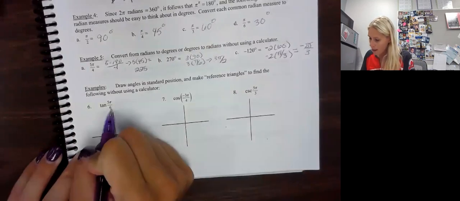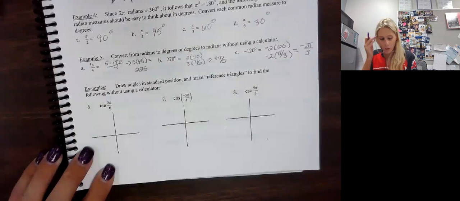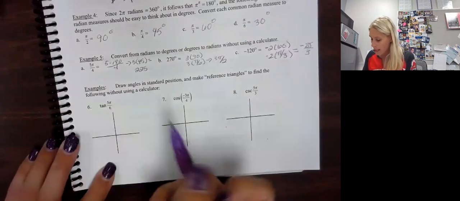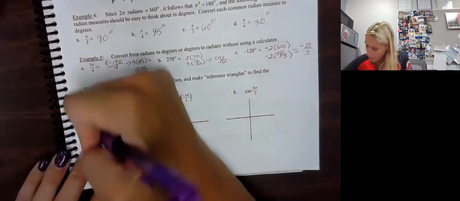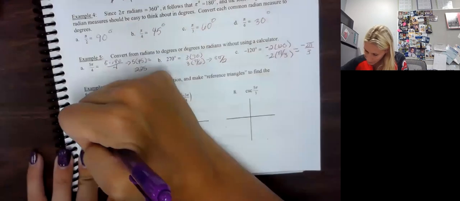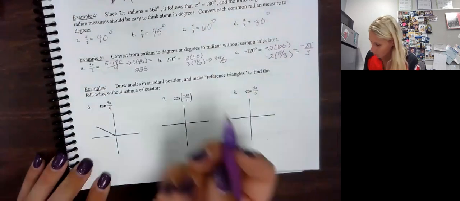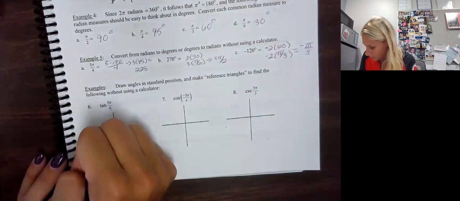So 5 pi over 6. Again, if you need to do that in your head, go for it. Or we can actually go back to the unit circle, draw it out really quick, and remember that 5 pi over 6 is over here. It's at 150 degrees, okay?